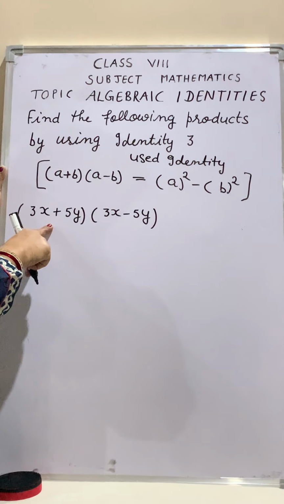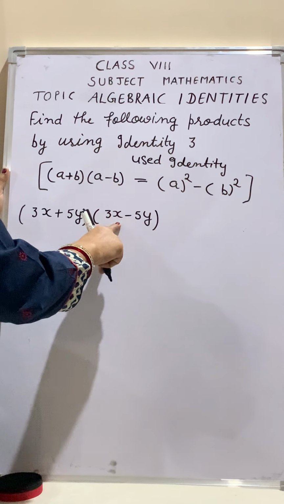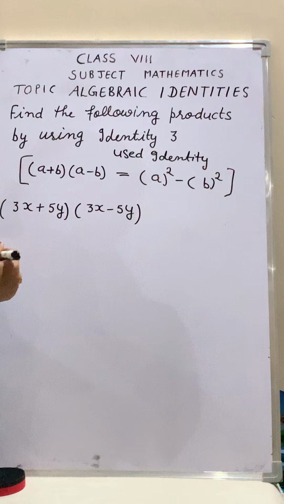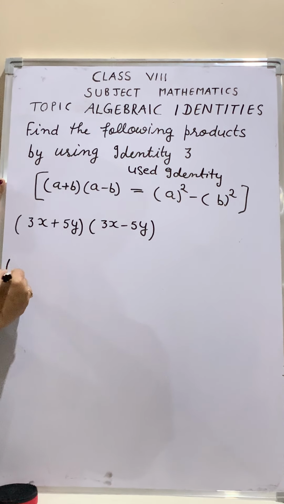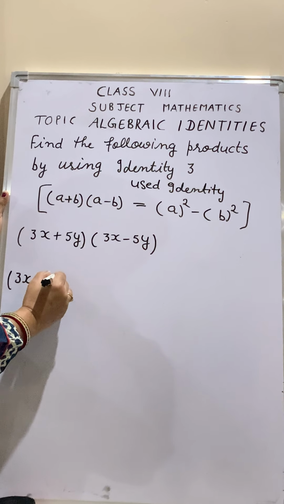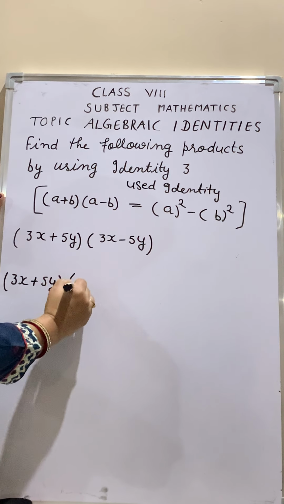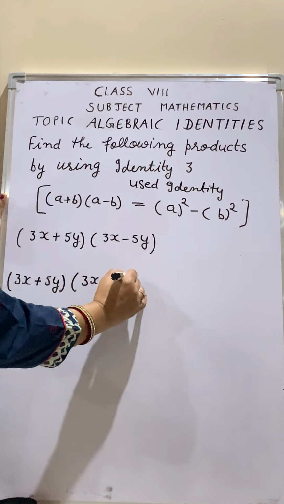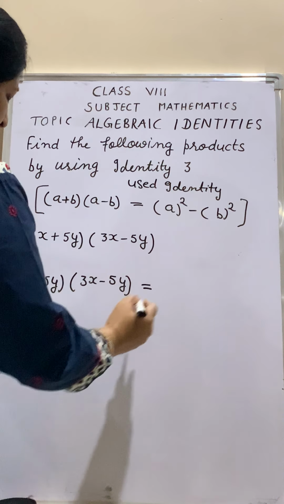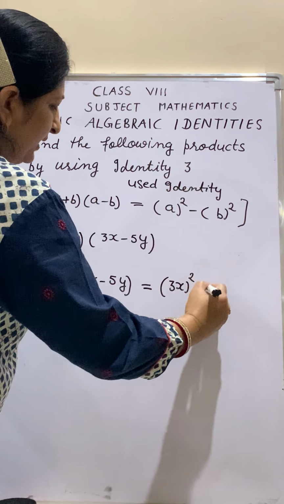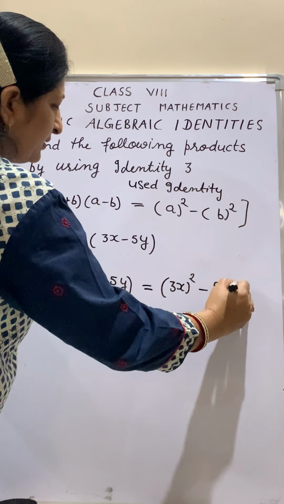Here the left hand side is 3x plus 5y, 3x minus 5y. So first of all we write down the left hand side, 3x plus 5y multiplied by 3x minus 5y, is equal to 3x whole square minus 5y whole square.